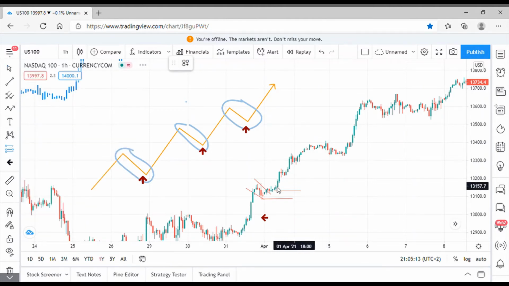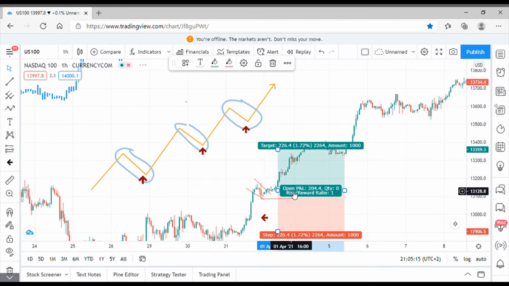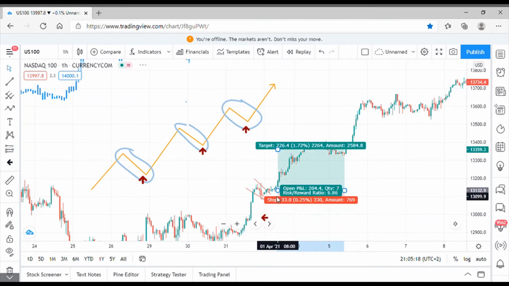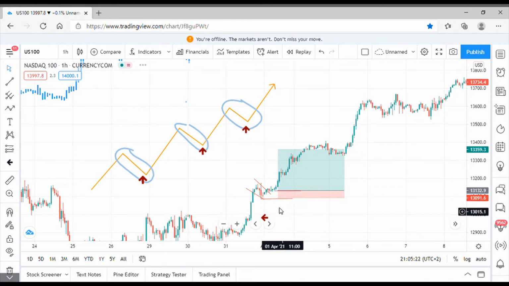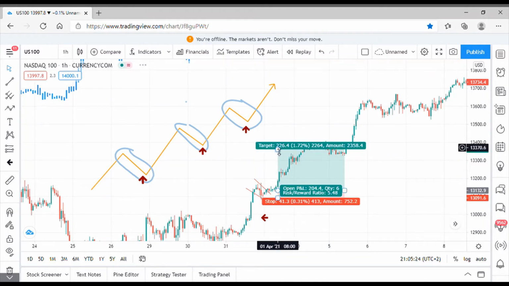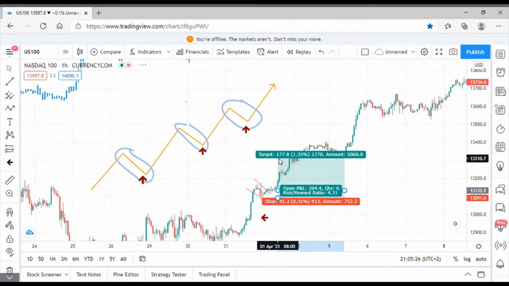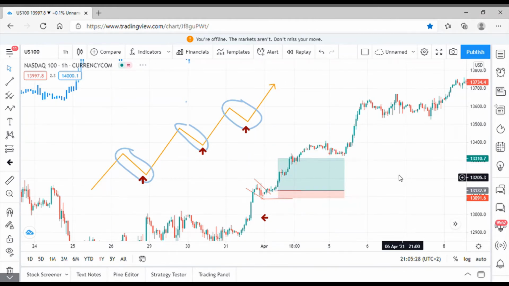We want to go long. So this will be our entry point. This is where we will put our stop loss, just below or equal to this, and then let's say you took your first entry at this point.